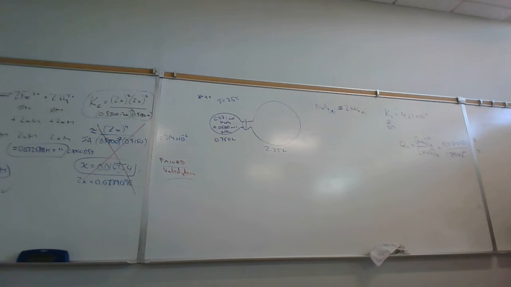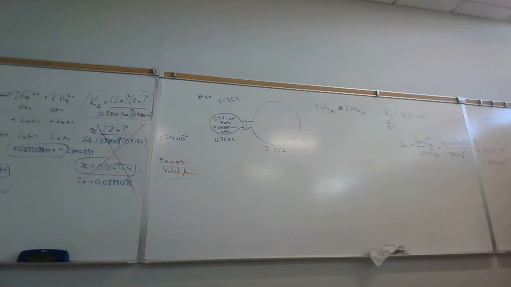So I'm going to use 0.07733, maybe I'll carry 2 extra, and then square that, divided by 1.2946. Maybe I'll carry an extra 6 there. I get 4.619 times 10 to the minus 3. Well, that's 4.62 times 10 to the minus 3.